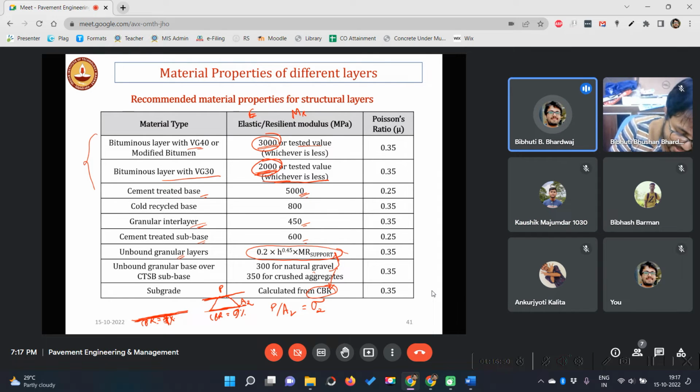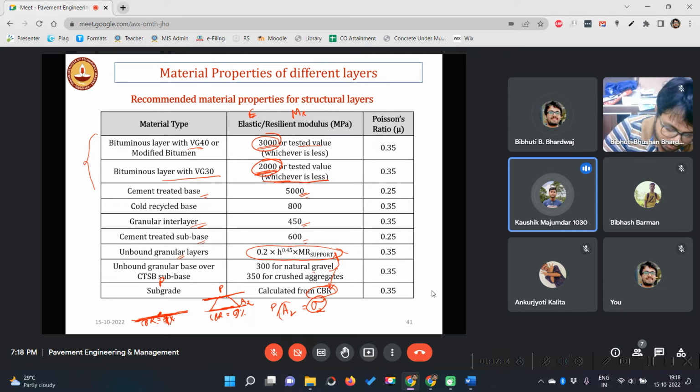So if you provide the same stress as you are providing here, this material may fail. So you need to even lower the stress getting generated here. But the load coming is same P. So how will you lower this sigma value? Sir, by increasing the thickness. Increasing this area, right?